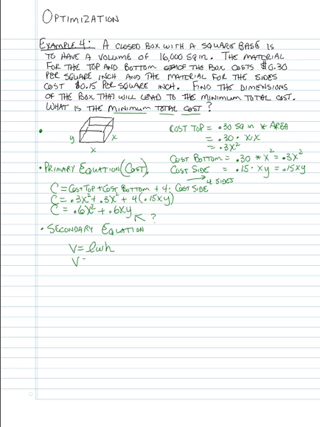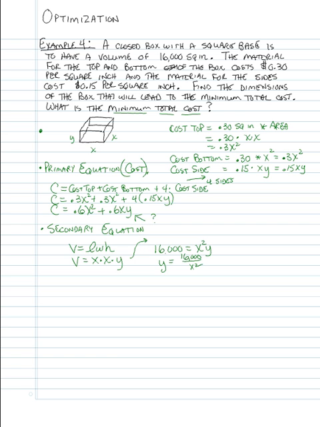And in this case, the length is x, the width is x, and the height is y. And we know specifically that our volume has to be 16,000. And so we have 16,000 equal x squared times y. We ought to be able to solve this for y, easily done. y would be 16,000 divided by x squared.